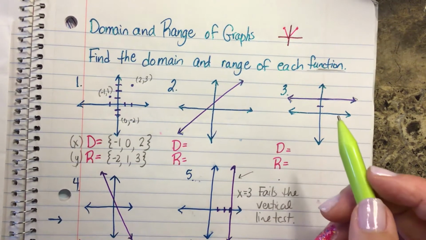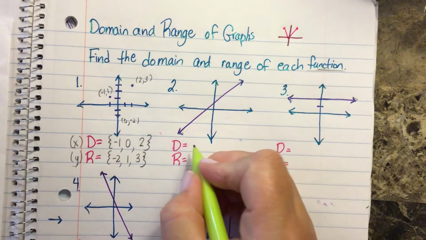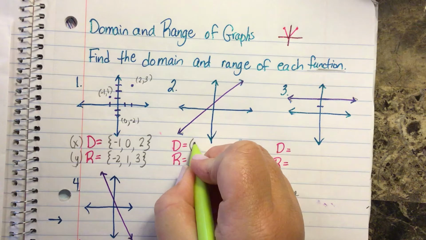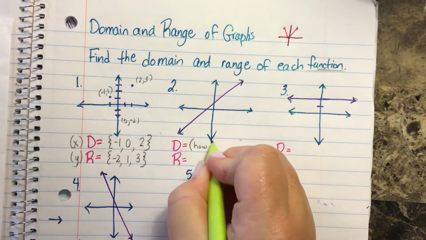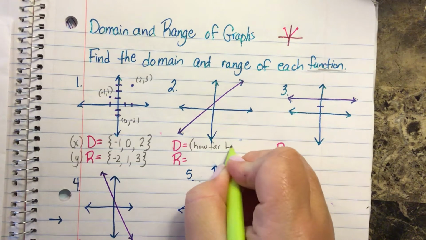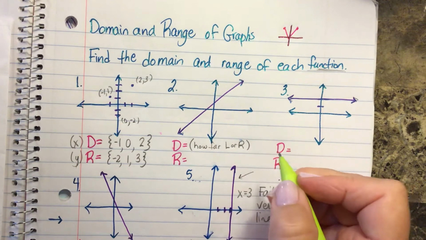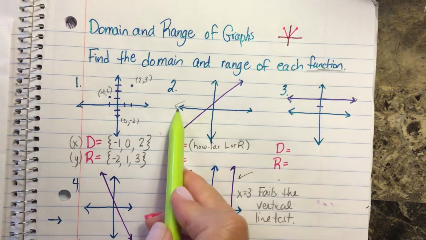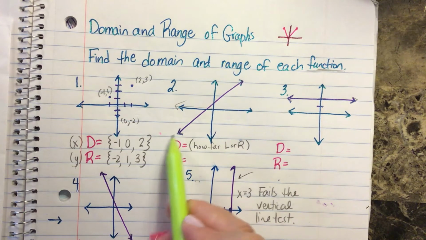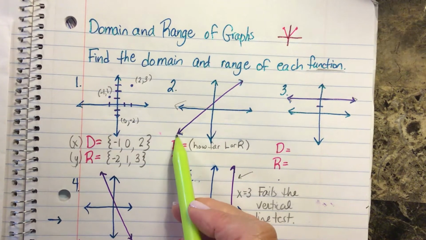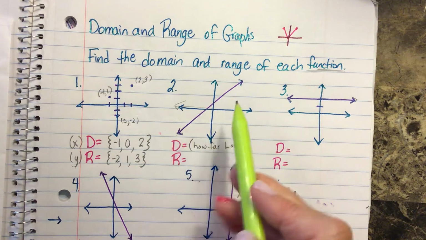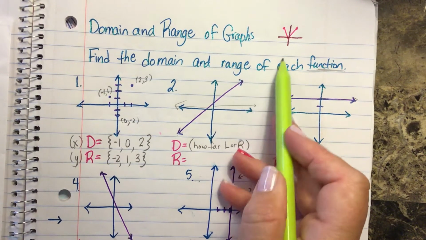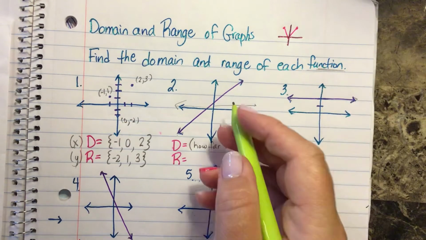Okay, let's talk about domain and range. The domain of a graph in particular is how far left or right the graph goes. For this graph, how far to the left is this graph going? Hopefully you can recognize it's going forever. How far to the right? This graph is going forever to the right.